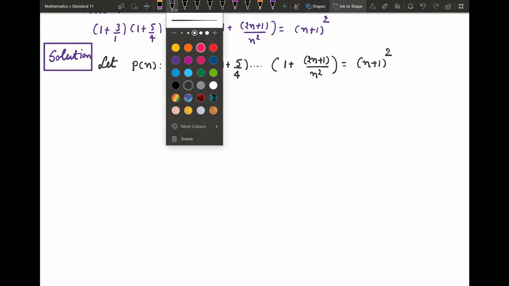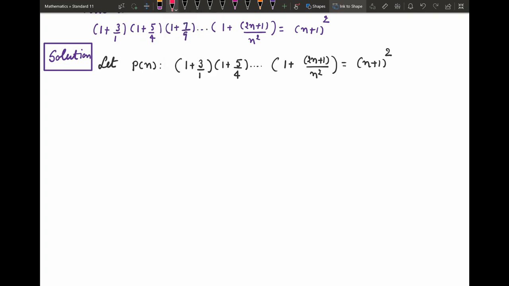And you observe that this is the general term, meaning when you take n equal to 1, you will get the first term. Also you observe that the left hand side is a multiplication of n terms. So when we take k plus 1, there will be a multiplication of k plus 1 terms. Here it is not addition but multiplication.